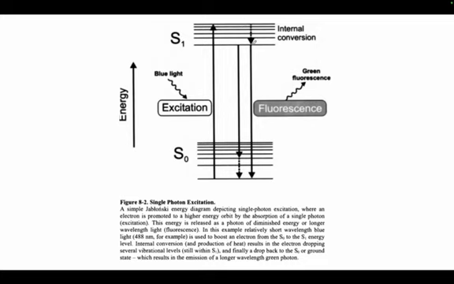It's lost this energy through internal conversion, probably in the form of heat, and then it has lost this much energy as fluorescence. So there is some energy which is lost prior to the emission of this photon. So the emitted photon will obviously have less energy than the photon that was used for excitation.